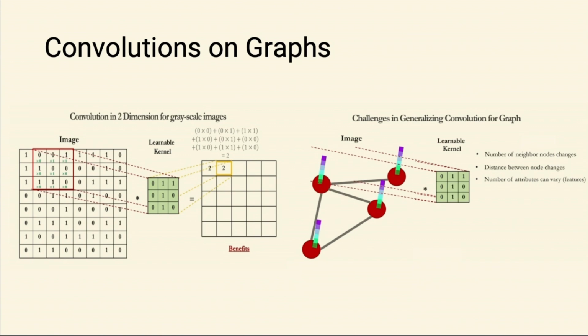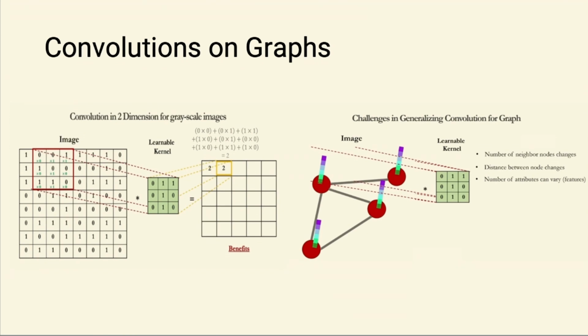However, for a graph, that sort of thing does not really work, because first of all, there is no real structure to it. A particular node may have any number of neighbors, nodes that it's connected to. It may not be easily extrapolated to that, mainly because of those reasons.